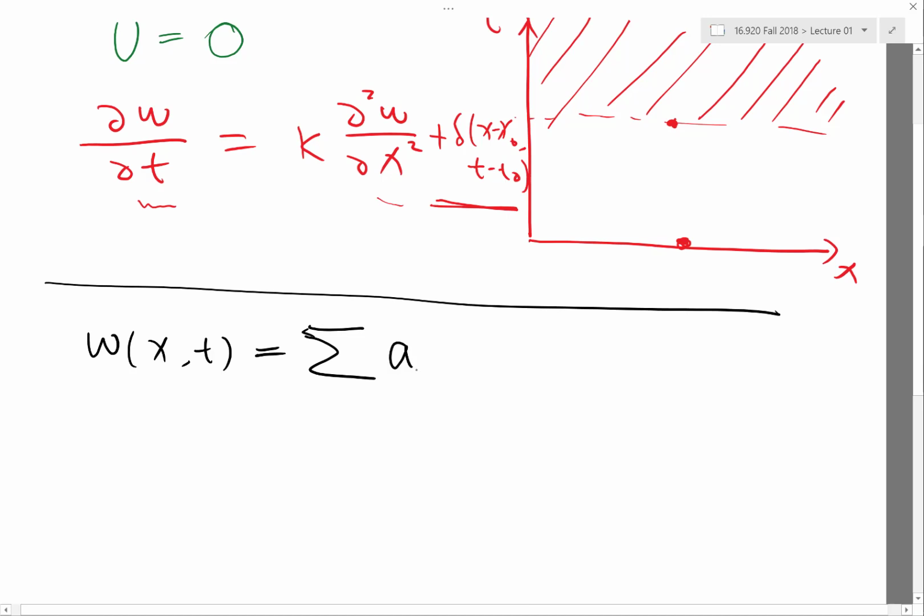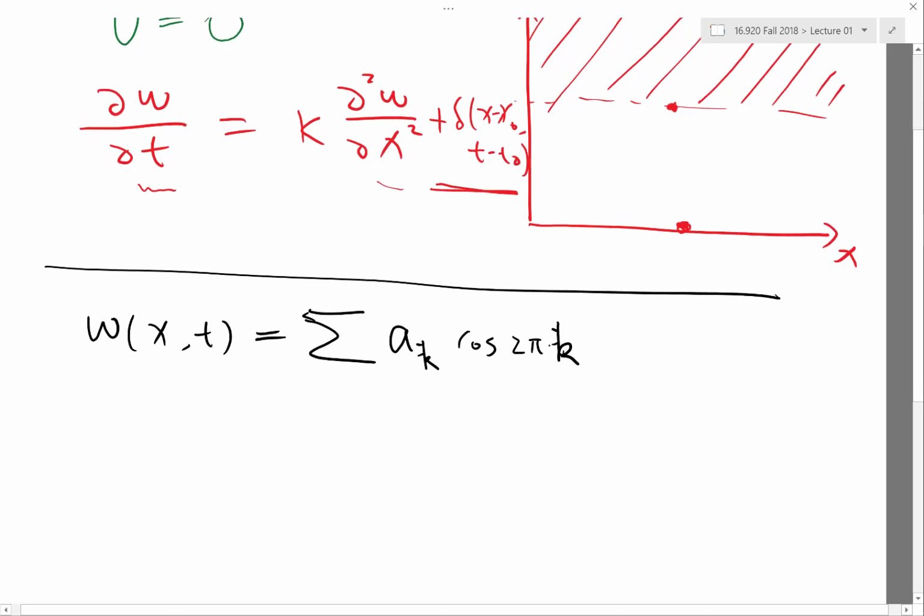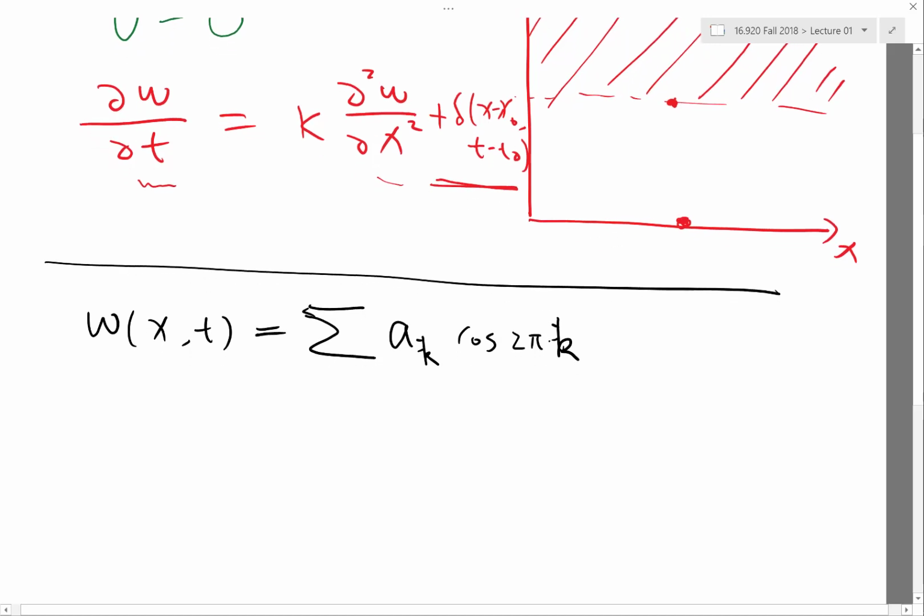So let's say a_k times cosine of 2 pi k times x. Let's call it k, because k is frequently used to index wavelengths.